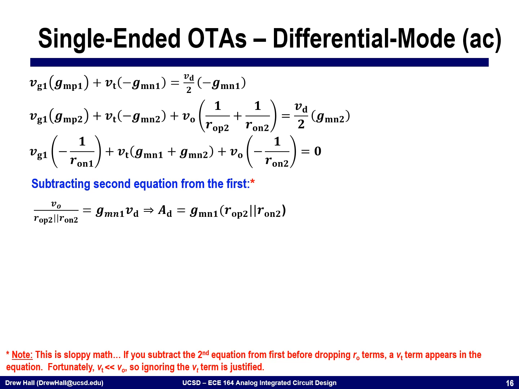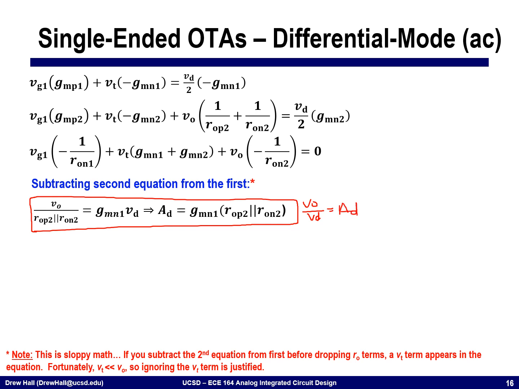Okay, and so what you'll see is that when you do this subtraction, you'll get an expression that looks something like this, where I have that the output voltage divided by R naught is equal to GM-N1 times VD. This V out divided by VD, this is my differential mode gain. And that's going to be equal to GM-N1 times ROP in parallel with RON2.